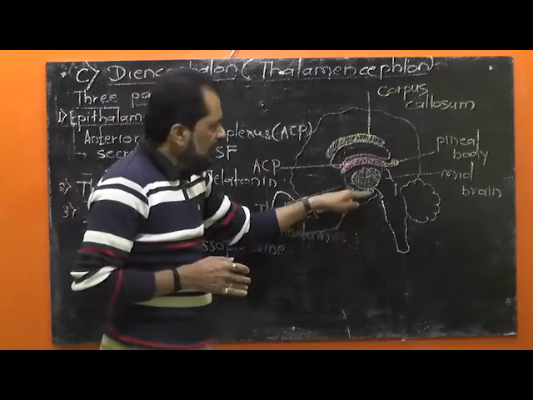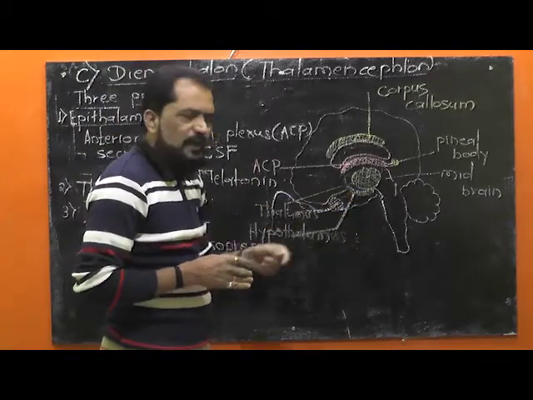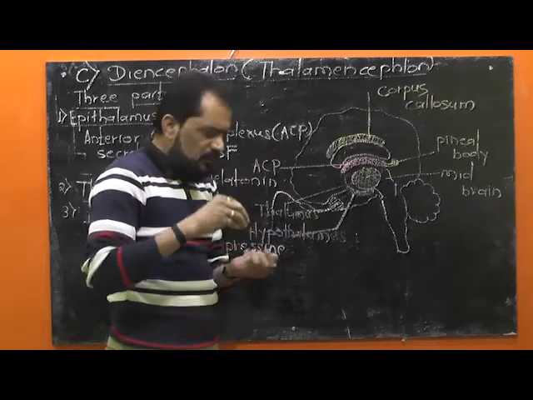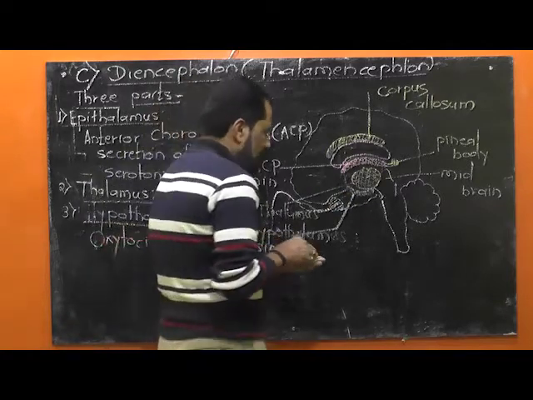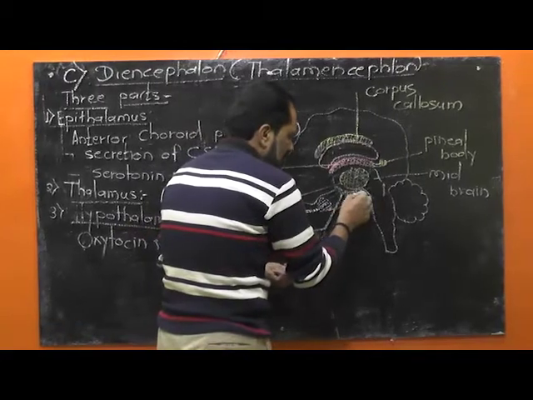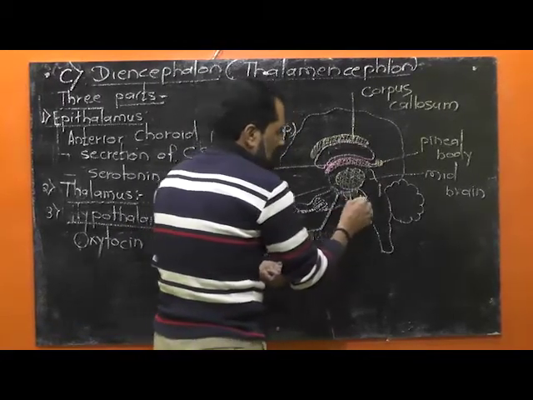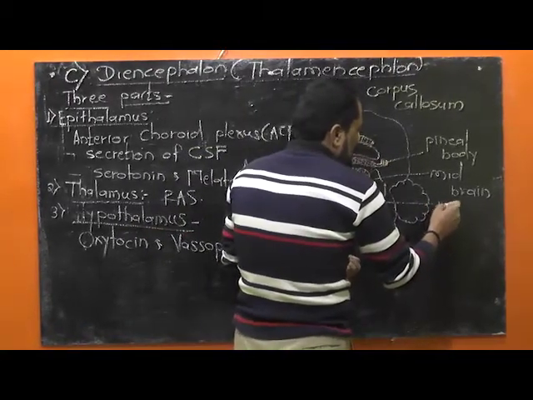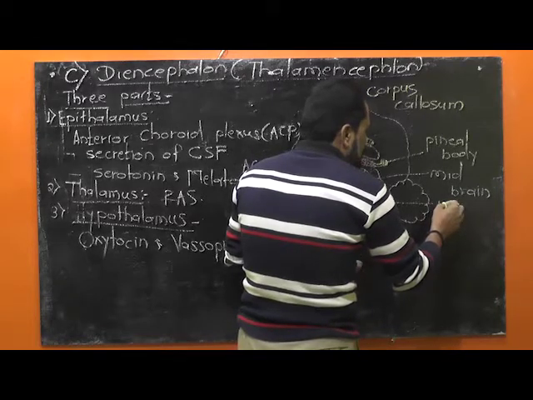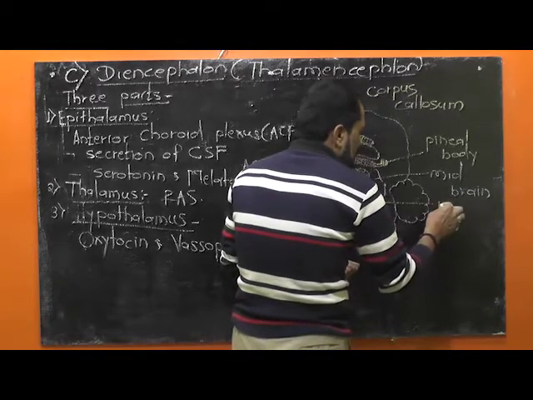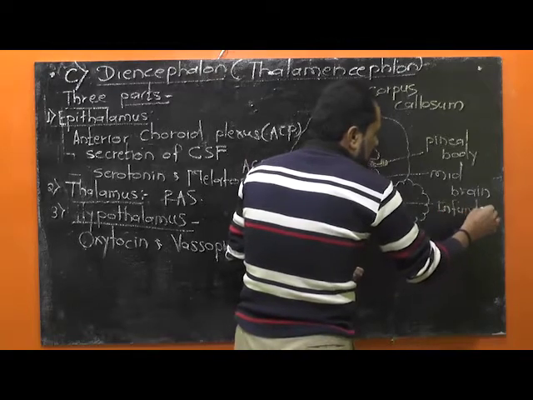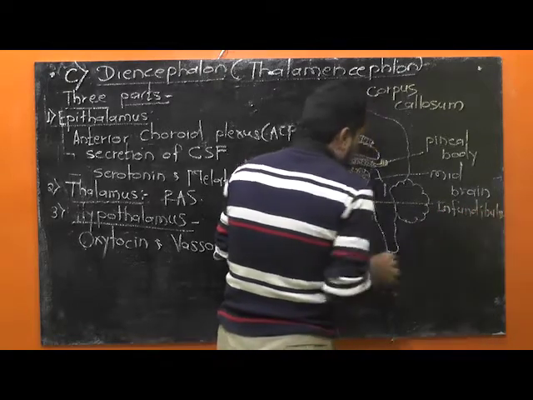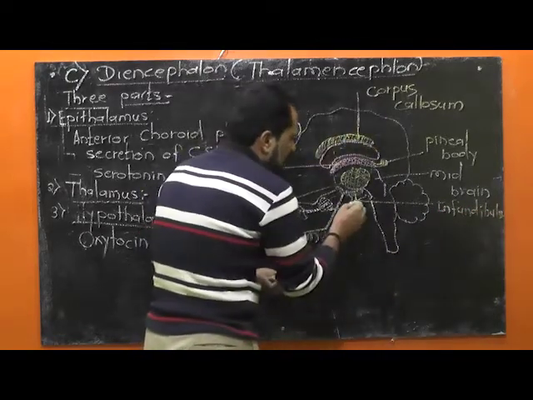Now the inferior surface of hypothalamus continues downward in the form of a small slender stalk-like structure known as hypophysis stalk, known as infundibulum, and it connects the pituitary gland.